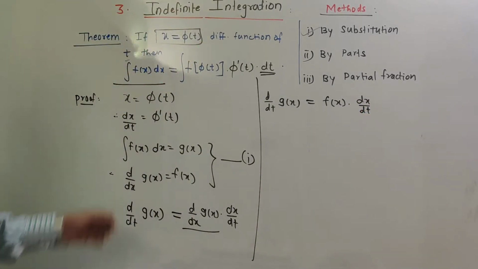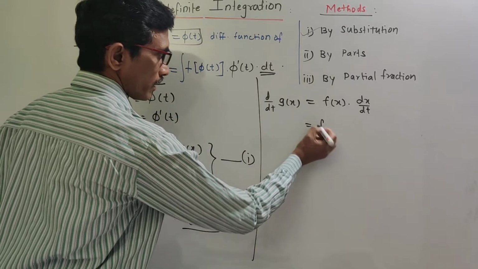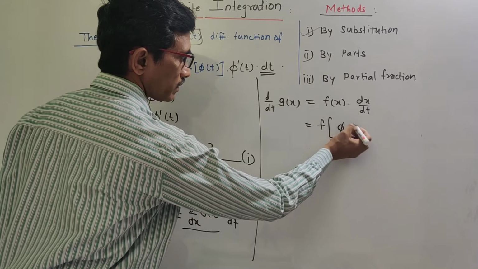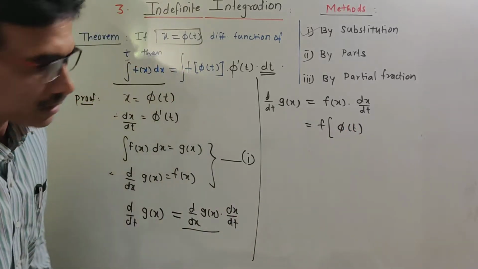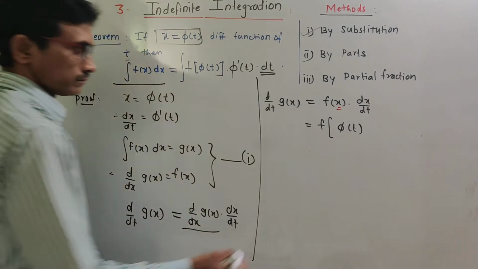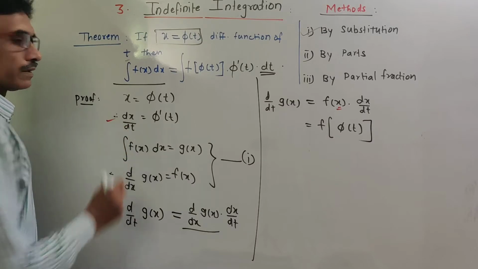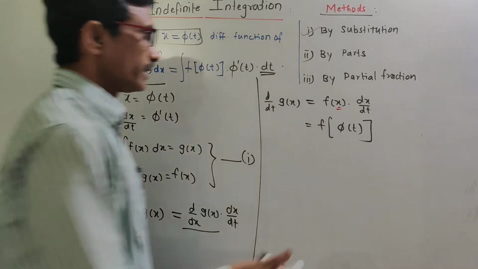Now we substitute. What is given? x is equal to phi of t. Here f of phi of t is f of x, and dx by dt is equal to phi dash of t.